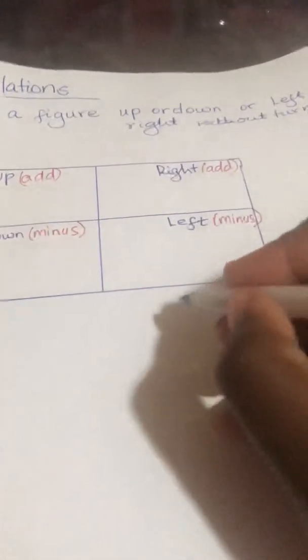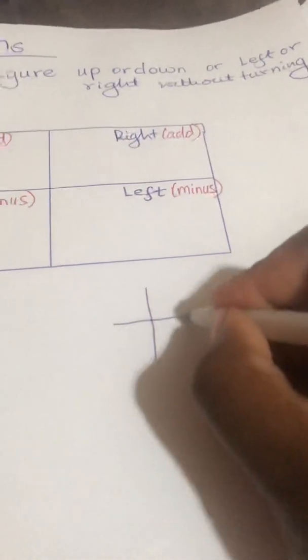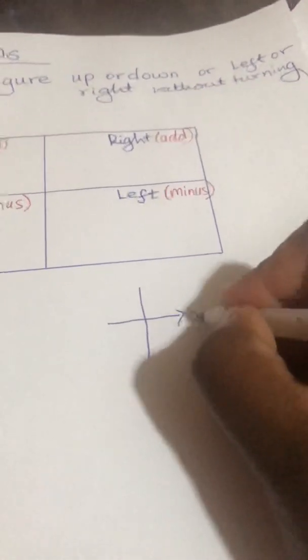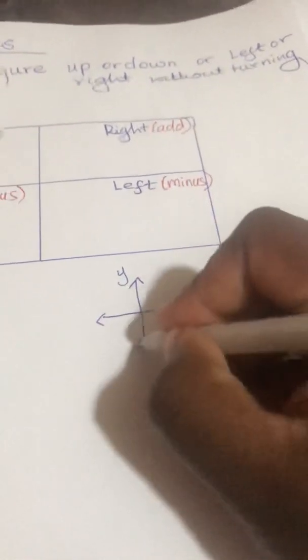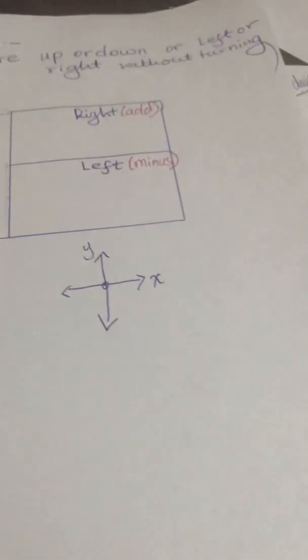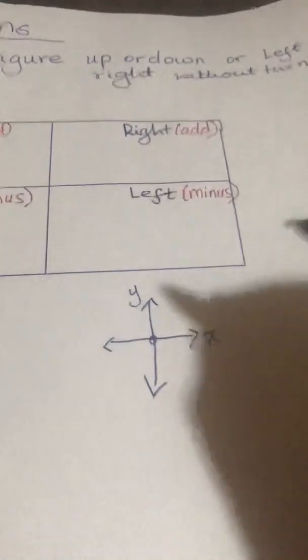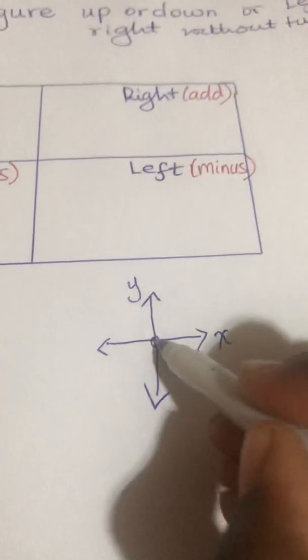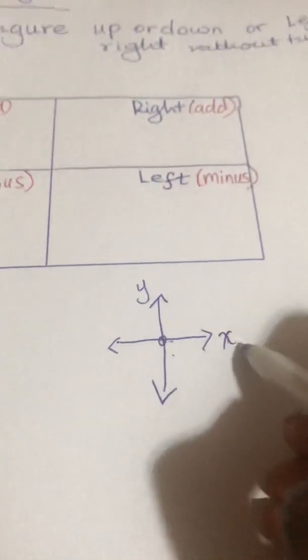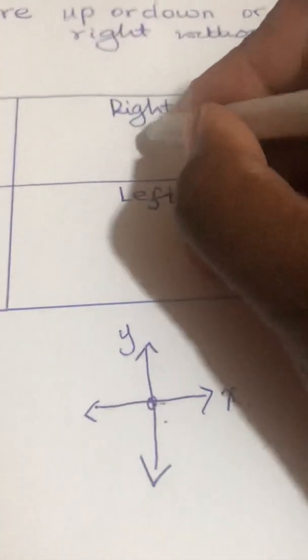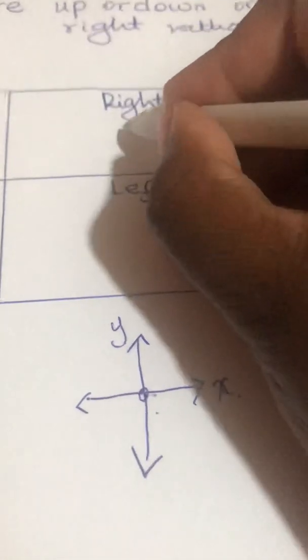How do I know? So I draw my Cartesian plane or my coordinate plane. So this is X, this is Y, and then this is 0, or this is the origin. So if I am here and I go to the right, I am going to add on X. So you're adding on the X coordinate.